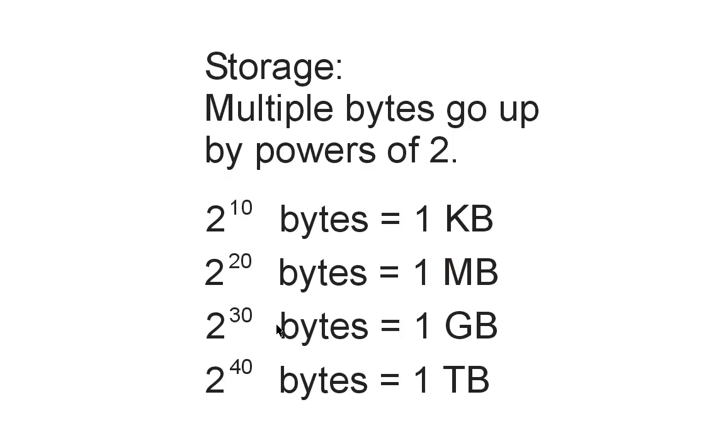Now again, that's approximate. It's actually a little more than a billion expressed in powers of 10, but it's close enough that they use the prefix giga, which represents 10 to the 9th usually, but can also represent 2 to the 30th in data storage. 2 to the 40th is 2 to the 10th times 2 to the 30th, or roughly 1 trillion bytes, a little more than a trillion.